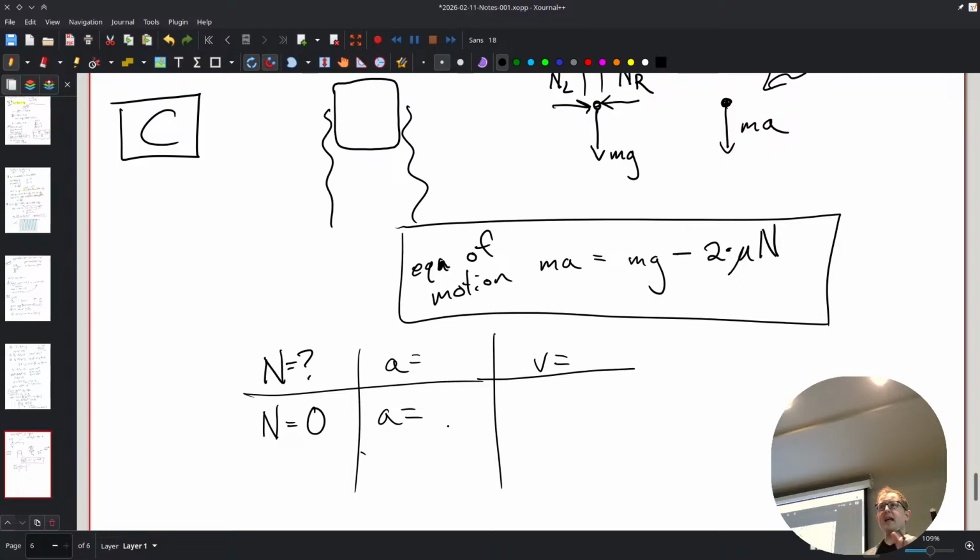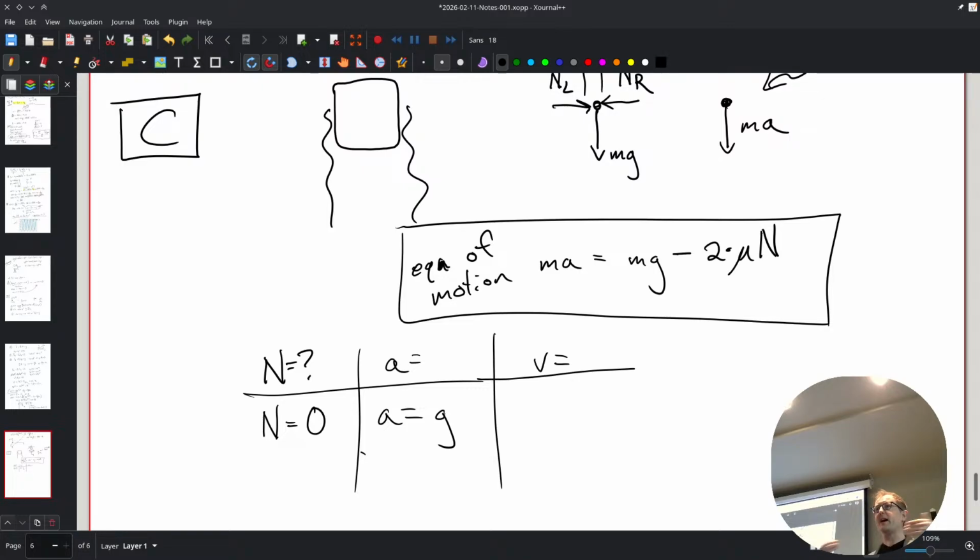So let's say N is 0. If N is 0, how fast are we accelerating through our brakes, through our stopper? G, right? It's the worst case scenario.